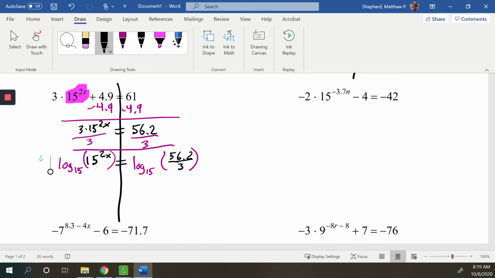So when we do that, on the left-hand side, we're just left with 2x. And on the right-hand side, we've got our log of base 15 of 56.2 thirds. Our final step, we need to divide both sides by a 2.